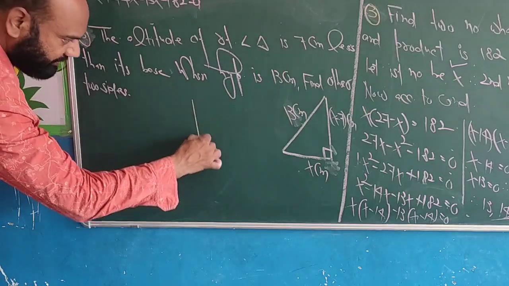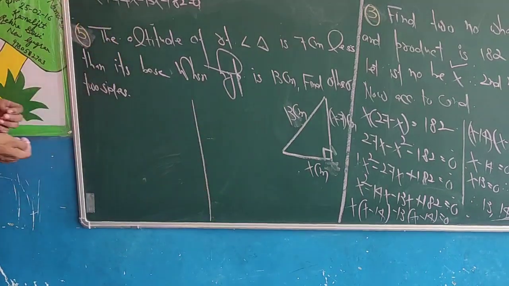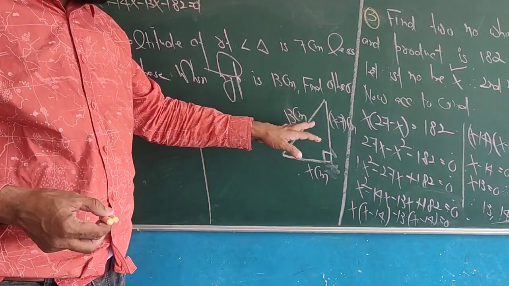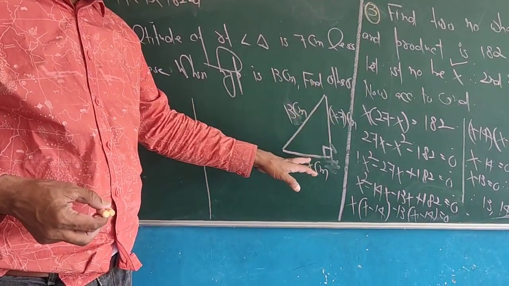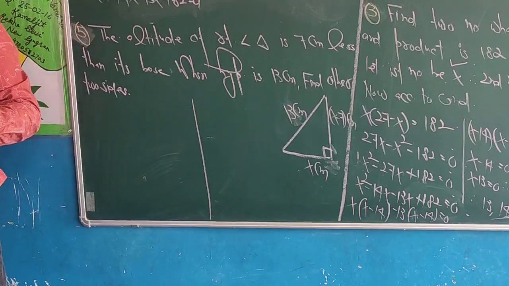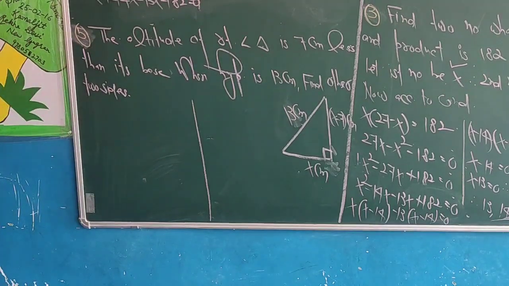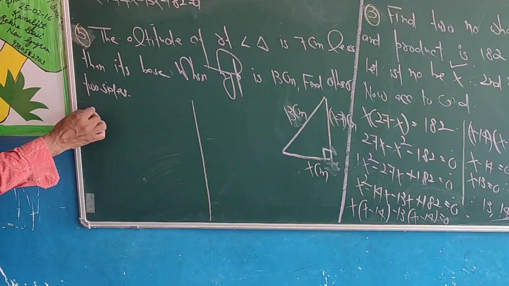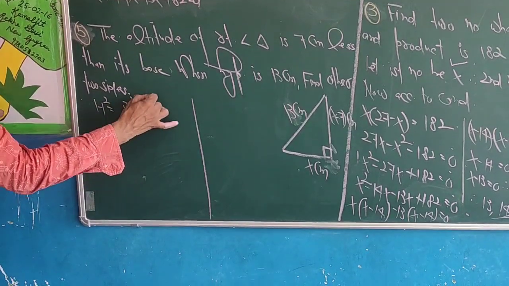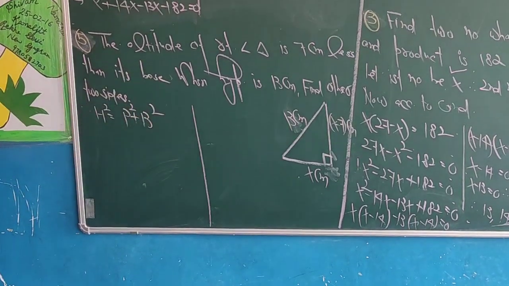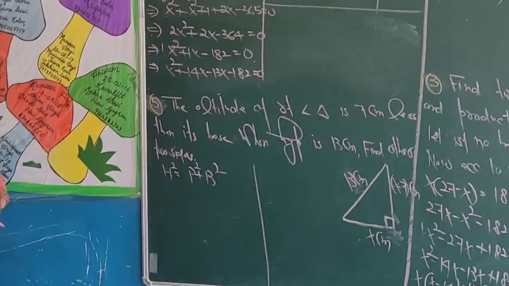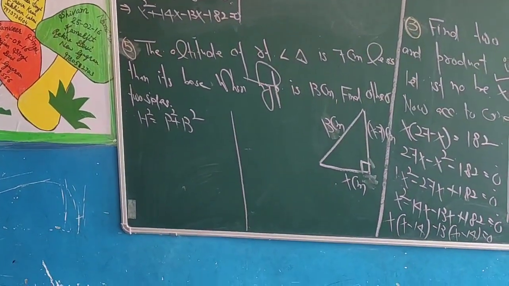So we solve this problem, and we know by the Pythagorean triplet or Pythagoras theorem that the square of the biggest side is always equal to the sum of squares of the other two sides. So in this triangle, h square equal to p square plus b square, means in any right angle triangle the hypotenuse square is always equal to perpendicular square plus base square.